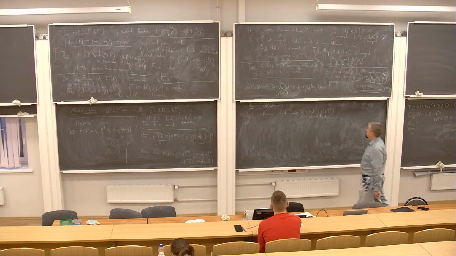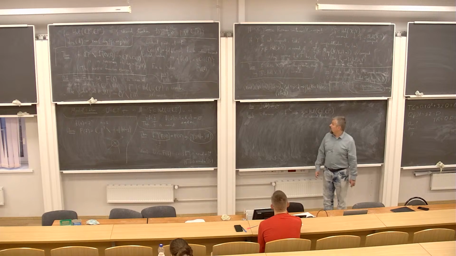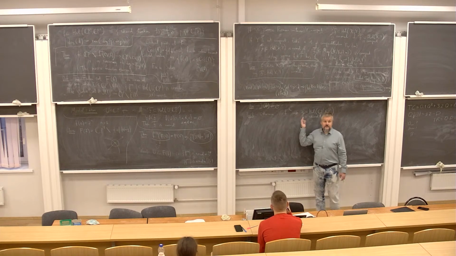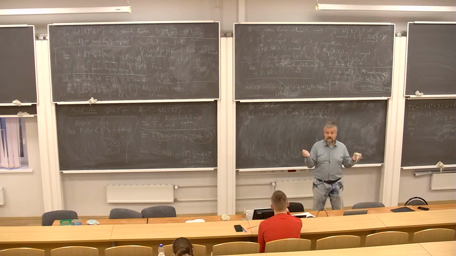G has some degree, and if you have a convergent sequence of maps, then the degree stabilizes. For all nk large enough, the degree of this must be equal to the degree of G. Do you know why? Because if two maps from the sphere to itself are close enough, they are homotopic.